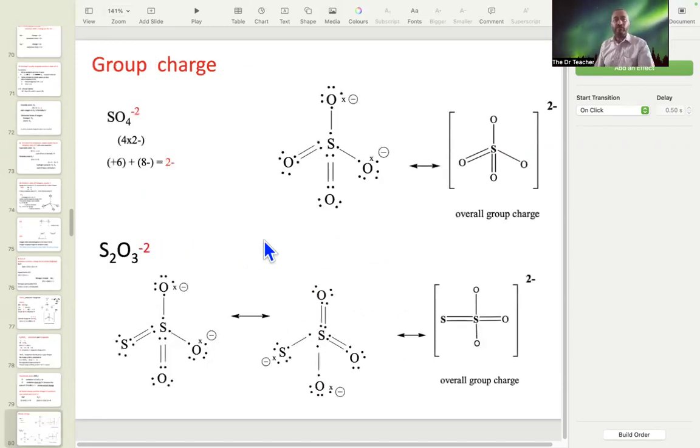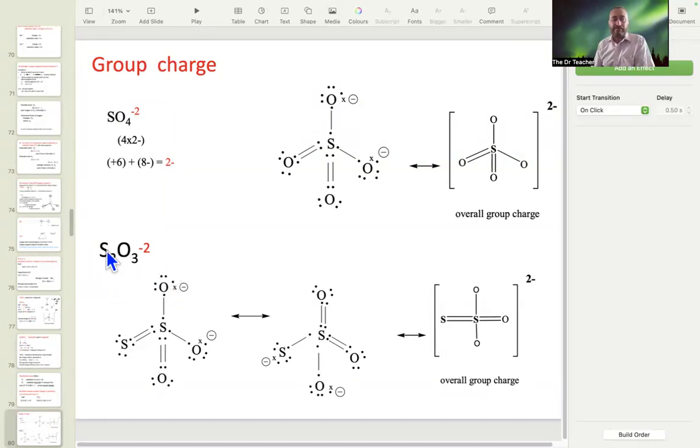For a group, similarly, you can count and practice this. SO4 is -2. Why -2? 4 times -2, oxygen -8. Sulfur outside has 6. So the difference between 8 and 6 is -2. Here, S2O3, we have again 2 times 6, 12, and 3 times -2 is -6.